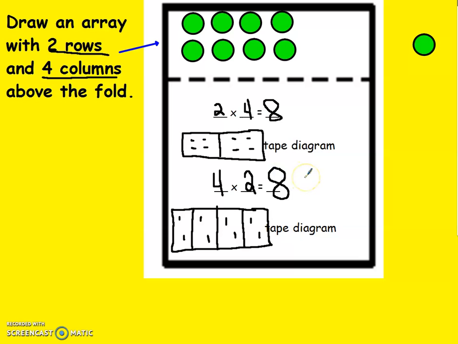But wait a second. 2 times 4 equals 8, but 4 times 2 also equals 8. So if we have 2 groups of 4 and 4 groups of 2, they would each give us 8. This is the commutative property.